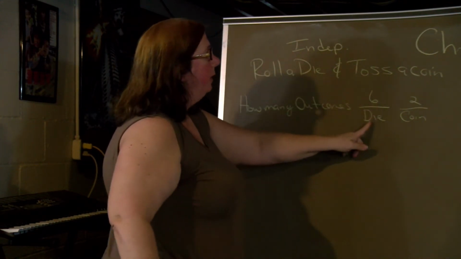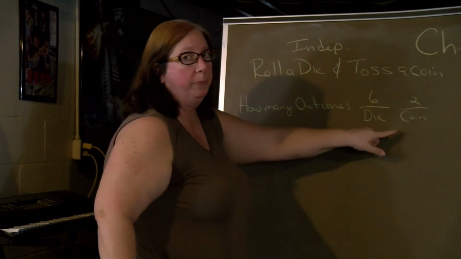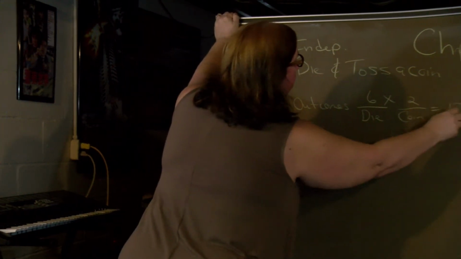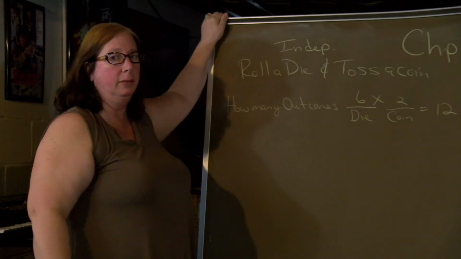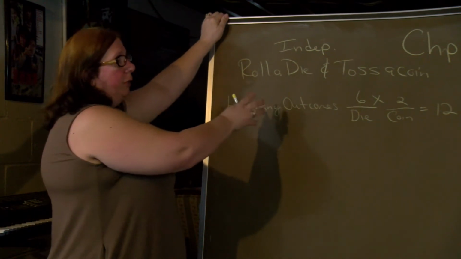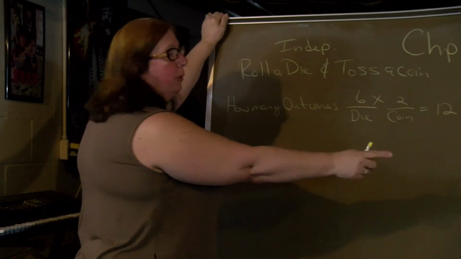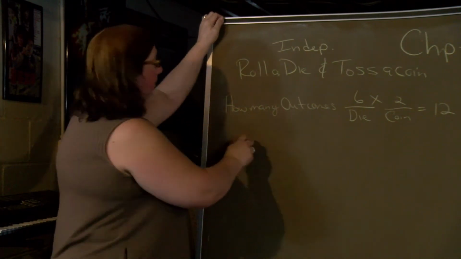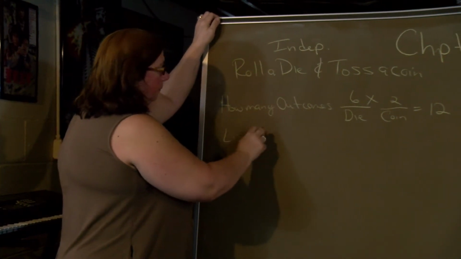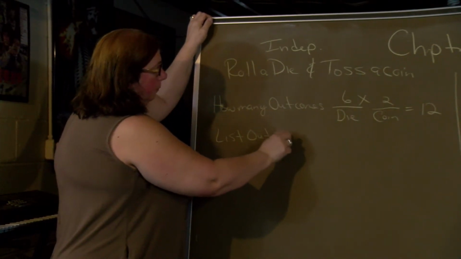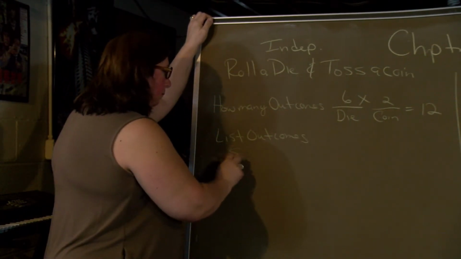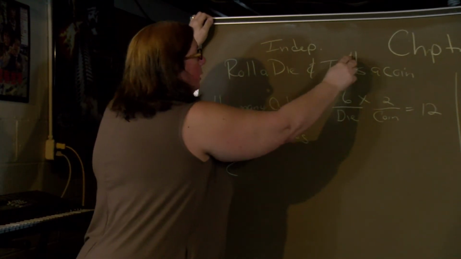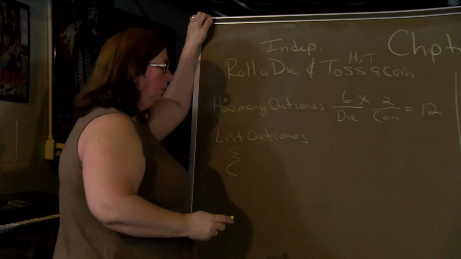What you can do then is find the outcomes that are possible for each and multiply them. So there's 12 outcomes. If you don't want to find your probability by multiplying, when it's a small amount, you can list them. If we list the possibilities, for a coin we'll just use H and T for head and tail.